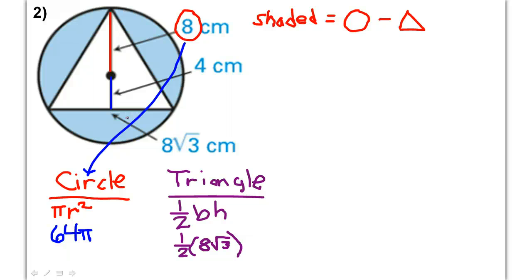Obviously 8 plus 4. Oh, okay, I see now. You see it now? That's what I'm waiting for. Yeah, the height of the triangle is this blue piece and the red piece put together. It's 8 plus 4. That's going to be 12.